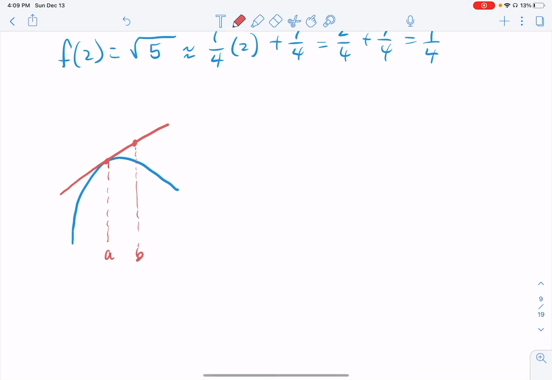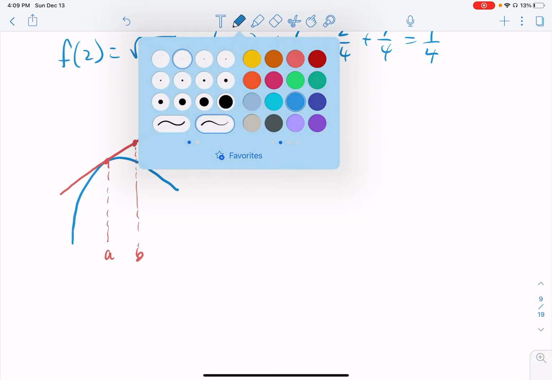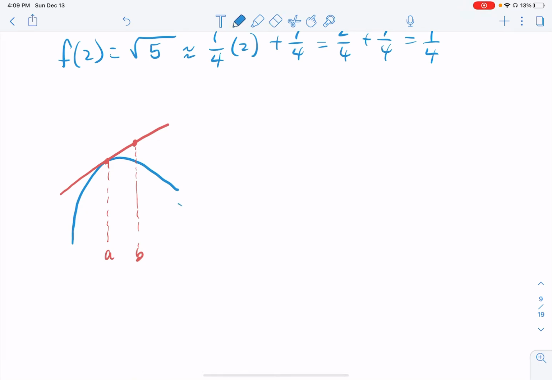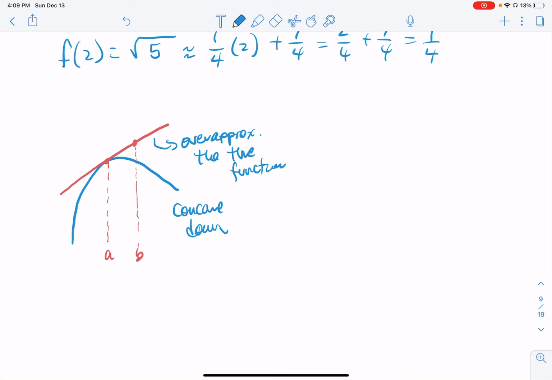You can see that when this thing is concave down, our tangent line here is over approximating the function. That's one of the ways to define concave down, that the tangent line appears up above the function.